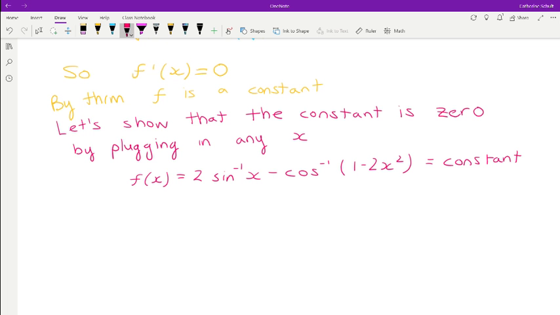And remember, we're not plugging in angles, we're plugging in values along the circle. So I recommend plugging in either a 0 or 1. Those are the easier ones to deal with, and then you can figure out your angles from there. So I'm going to just plug in a 0 and see what happens. Again, we can plug in any value.